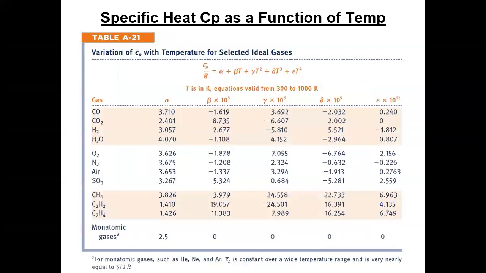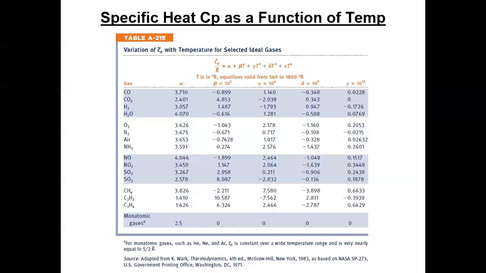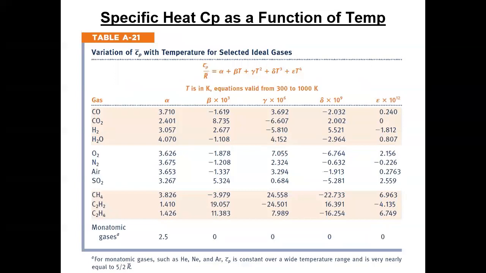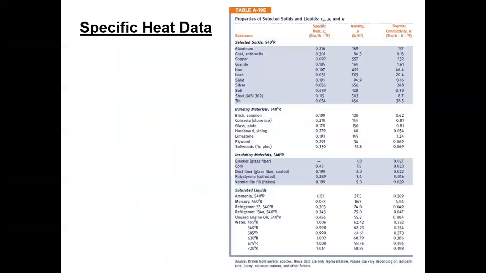And this is out of the SI units. It's the same, but the coefficients change because we're putting in degrees Kelvin instead of degrees Rankine. So you have 2 different tables depending on what set of units you want to be working in.